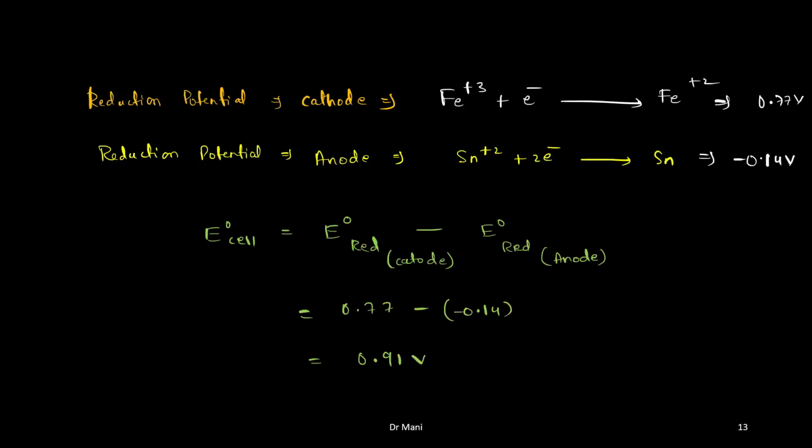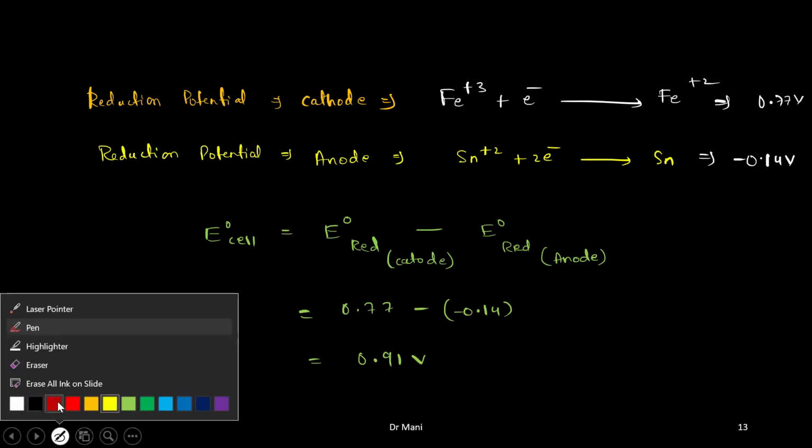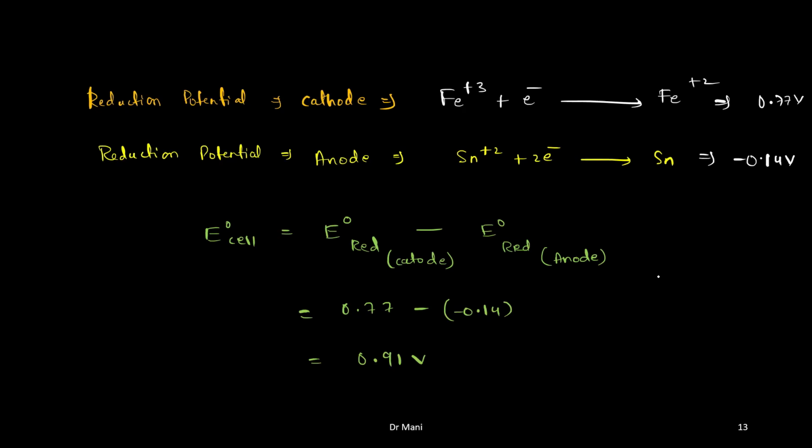So remember, always at cathode, the reduction will happen. At anode, oxidation will happen. Clear?